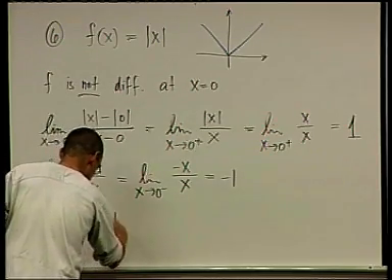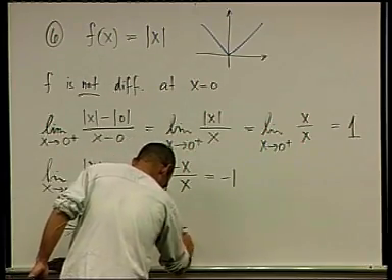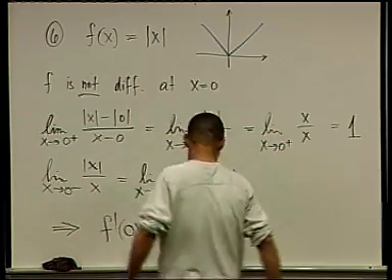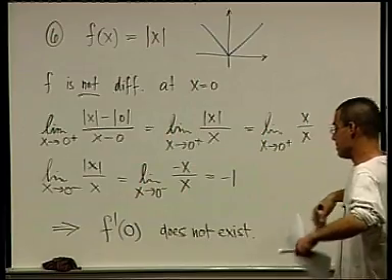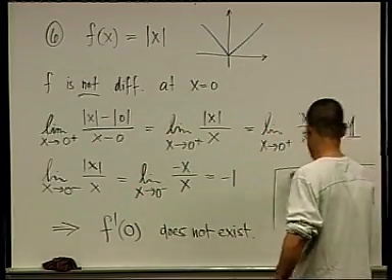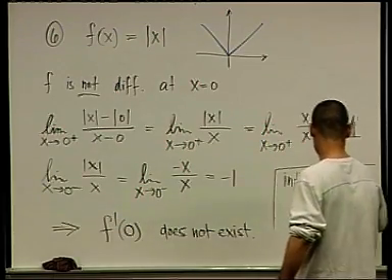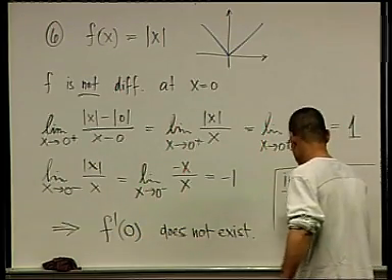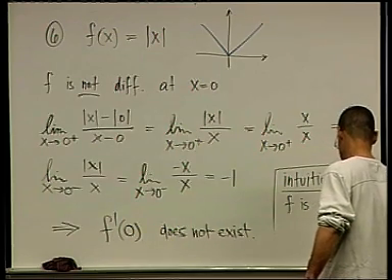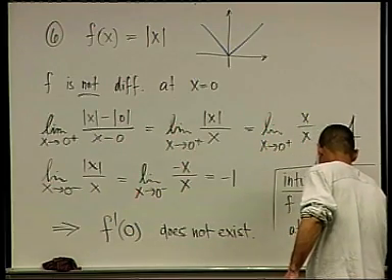So f prime at 0 does not exist. You just proved it by definition, and this builds to the intuition, which we said just a minute ago: f is not differentiable at cusps.